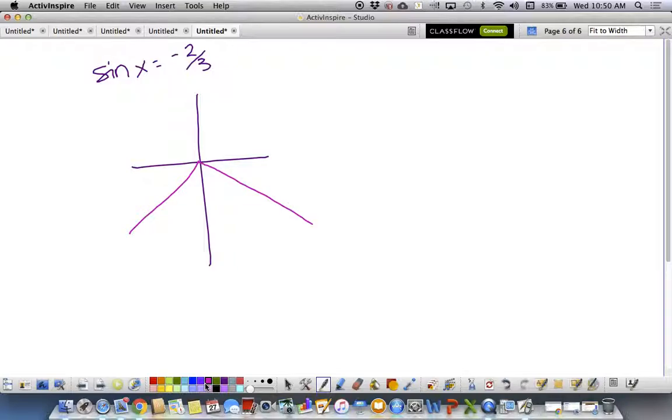Okay? So when you plug in your calculator, x equals inverse sine, not x, of negative 2/3. Okay, plug that in. We get an answer. X equals negative 0.73. Okay?